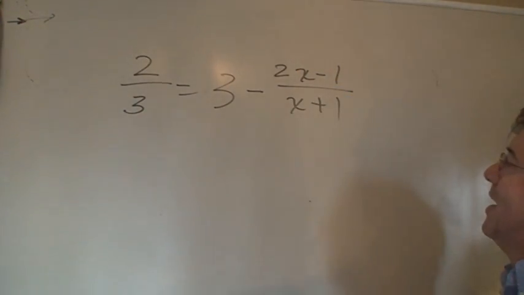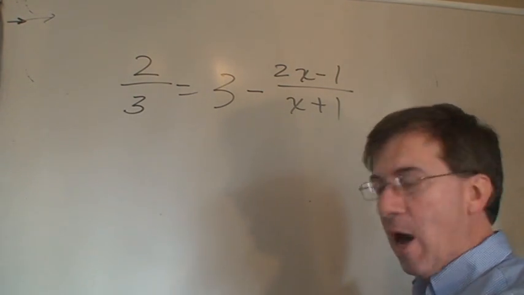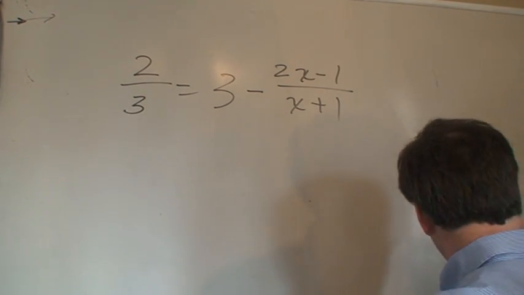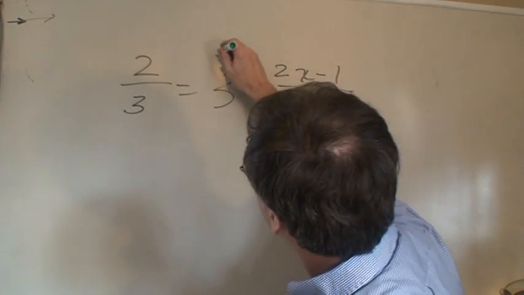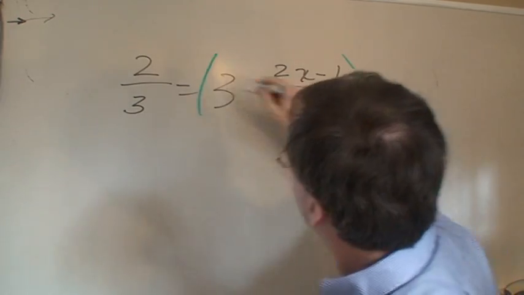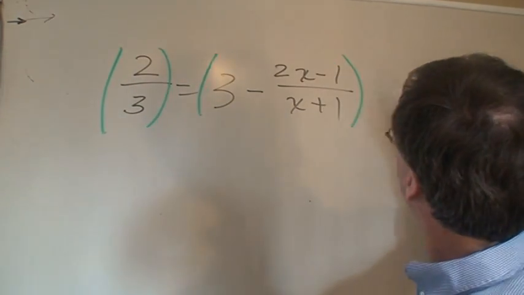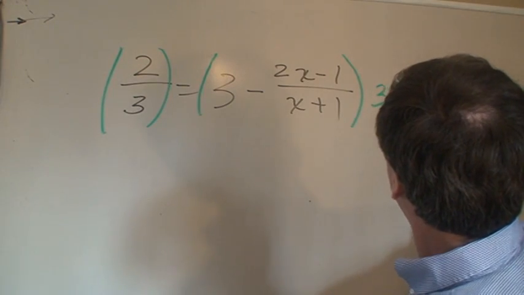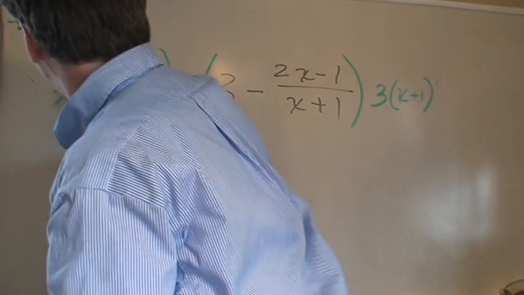Now, I have in the denominator a 3 and an x plus 1. What I'm going to need to do is clear that. And what I need to do is multiply both sides by the least common multiple. Well, that's pretty easy because I've got a 3 and an x plus 1, so I'm going to have to multiply each side by 3 times (x plus 1).